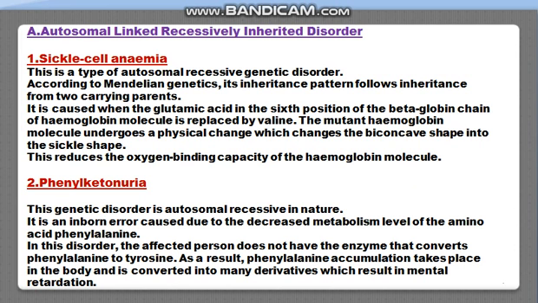Next disorder in this category is phenylketonuria, and this genetic disorder is also an autosomal recessive Mendelian disorder, and it is an inborn error caused due to the decreased metabolism of the amino acid phenylalanine.